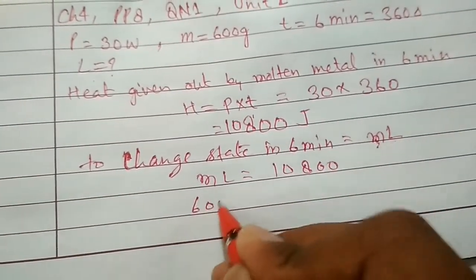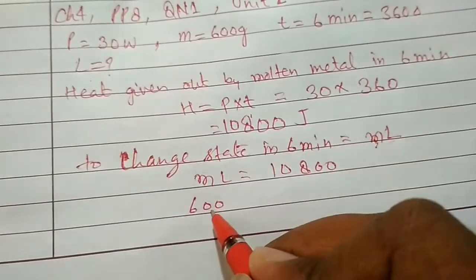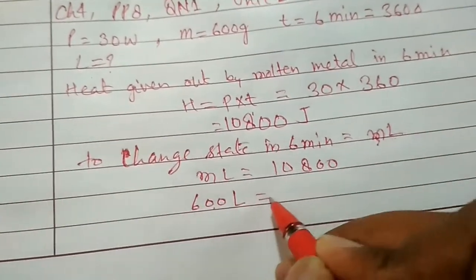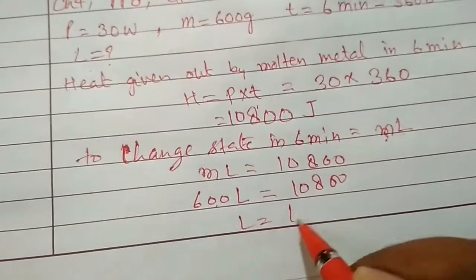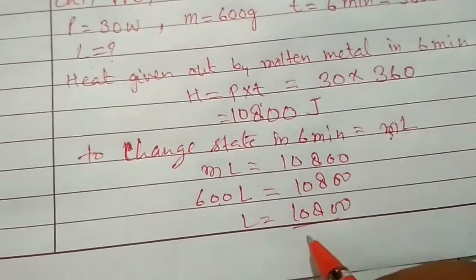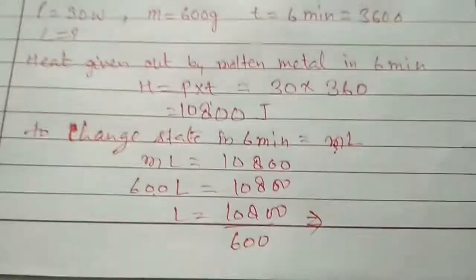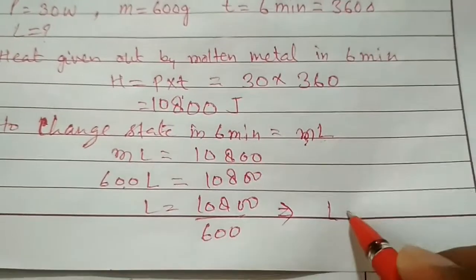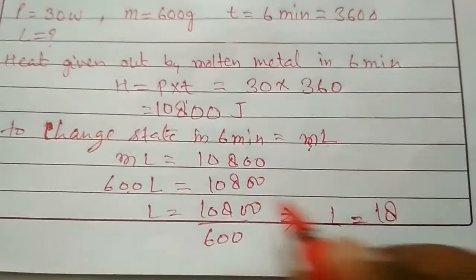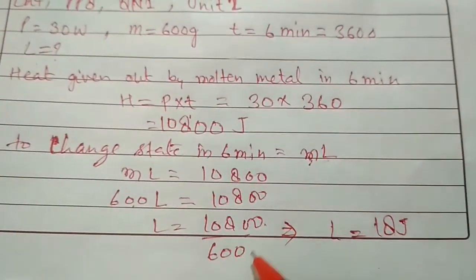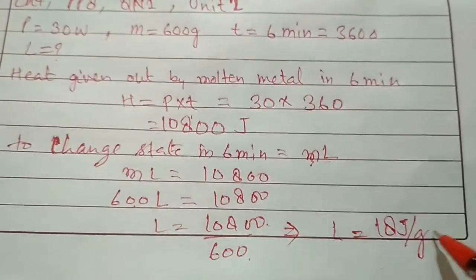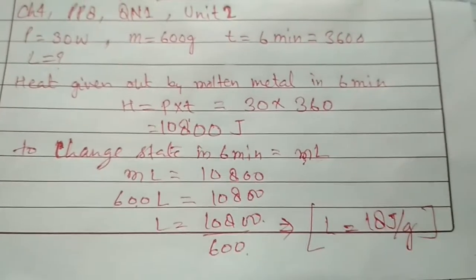M is 600 gram. So remember this is in gram, so the value of L will also be in gram unit. So L is equal to 10800 upon 600. This implies L is equal to 18. The unit is joule per gram, since this was in joule and this was in gram. This is the solution for this question.